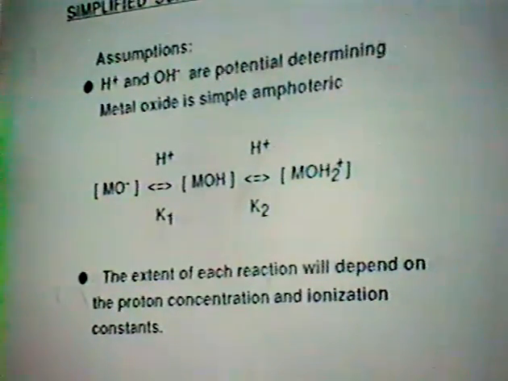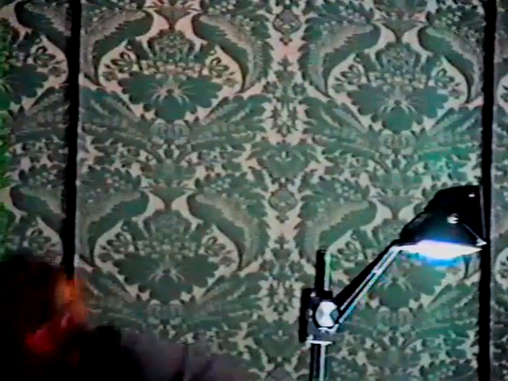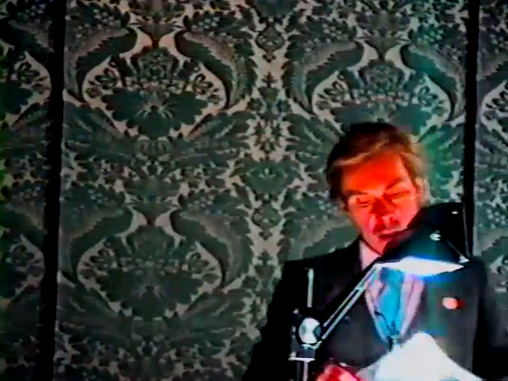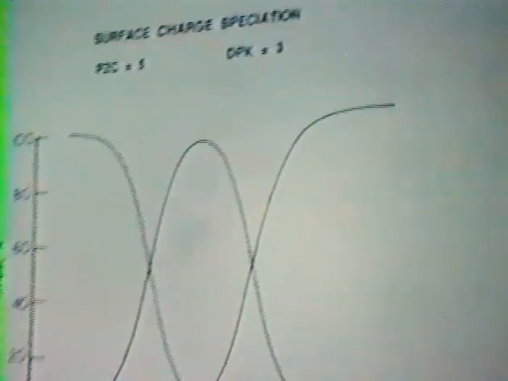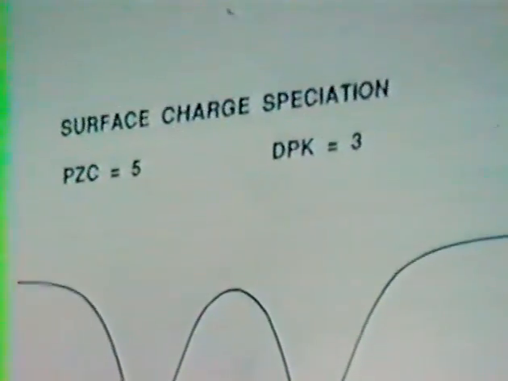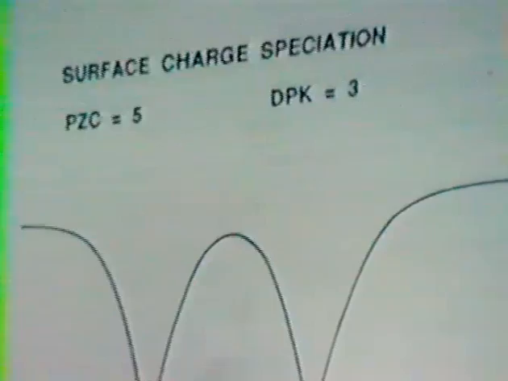Obviously, the extent of each of these reactions will depend upon the proton concentration and the magnitudes of K1 and K2. If one has those values available for a system, and in addition has some information about the total number of amphoteric hydroxyl sites, one can generate a surface charge speciation diagram, which shows how the positive, negative, and neutral surface carriers vary as a function of the pH of the solution.